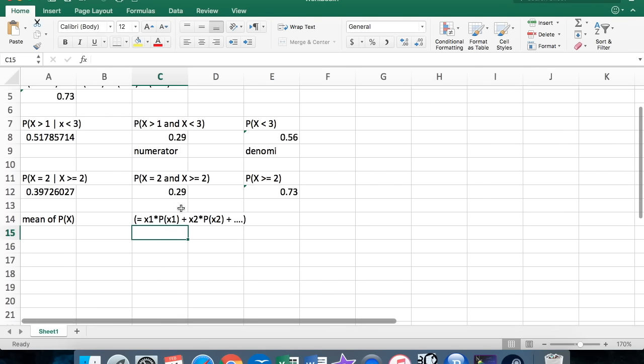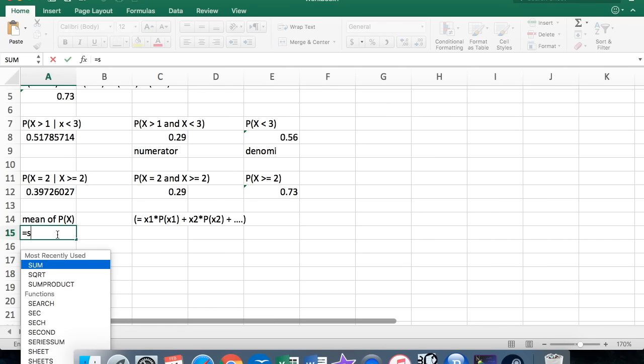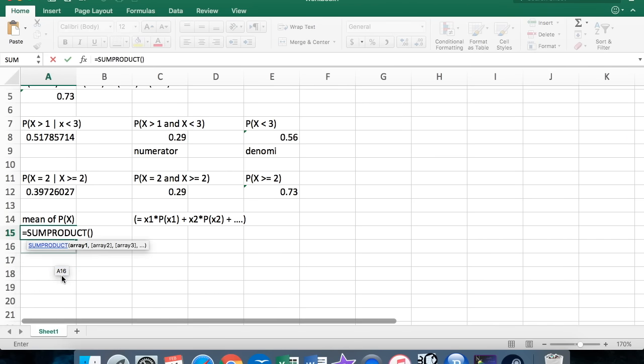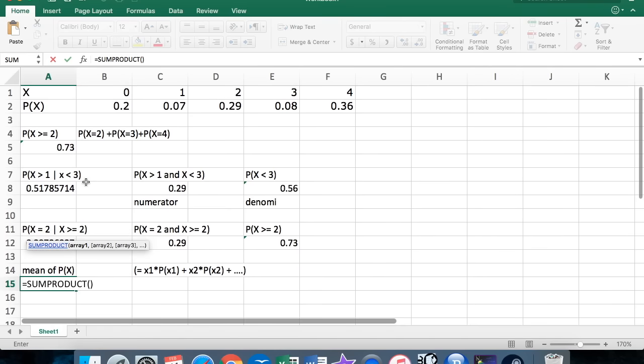But there's a really fast way to do this. Remember, this is a product, and then this is a sum, so we're summing up all the products. Well, there's a built-in function for that, sum product. So select, we know how to use sum product. It's just like finding the mean of a frequency distribution.